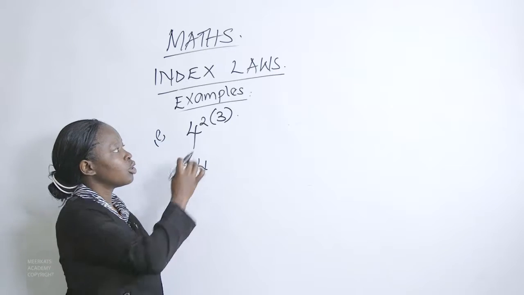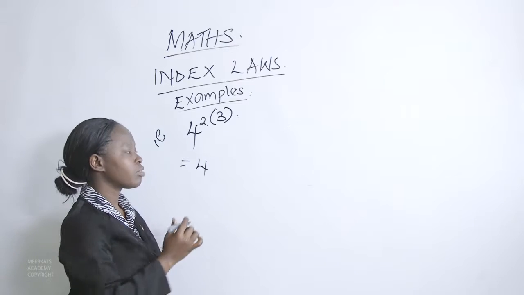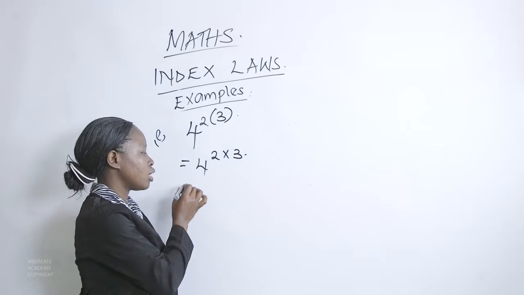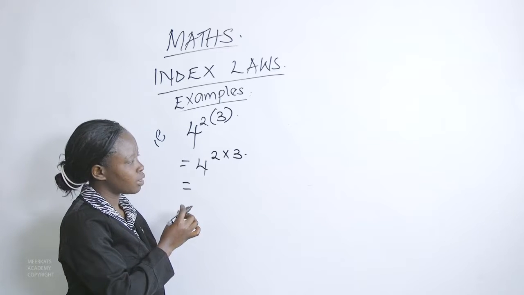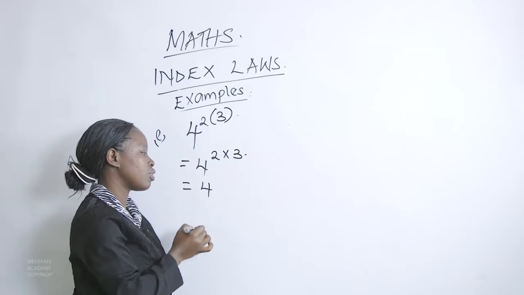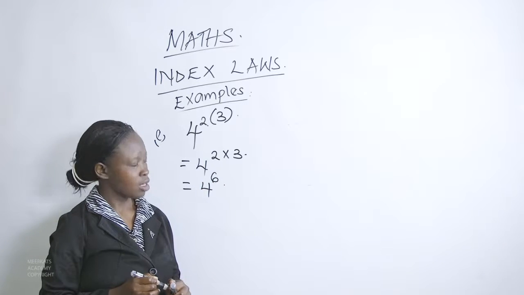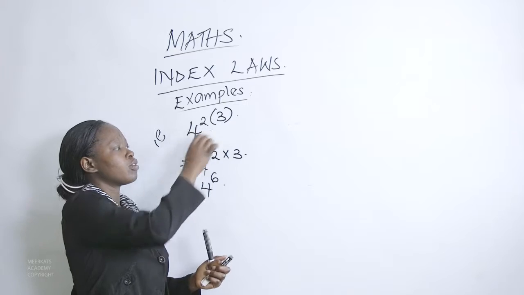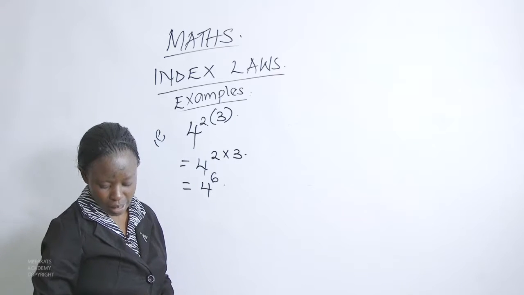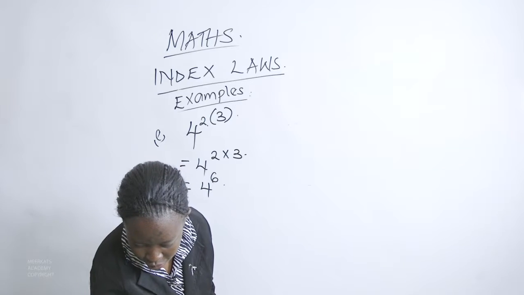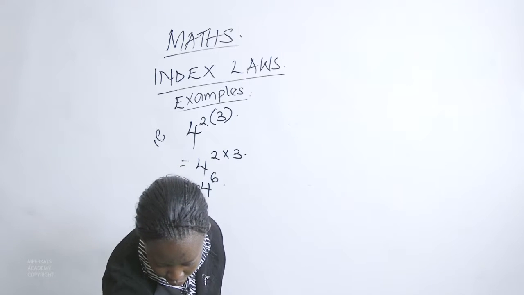So I have 2 and 3 as the powers, so it means I'll have 2 times 3, which simply gives us 6. So this means that this is 4 to the power of 6. So when you're having a power of a power, we multiply the given powers to get the solution to whatever question that we have.